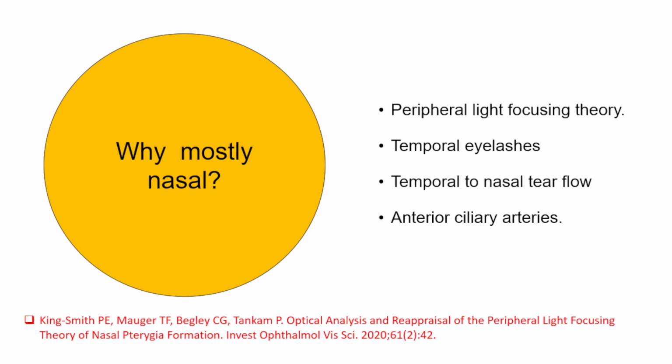The study conducted by King and Smith et al. proved that the peripheral light focusing theory is not the only mechanism behind it. It might be because of anatomical features like temporal eyelashes bowing more on the lateral aspect, the temporal to nasal tear flow, and the arterial supply in the nasal aspect, causing hyperemia and more blood flow on the nasal aspect.